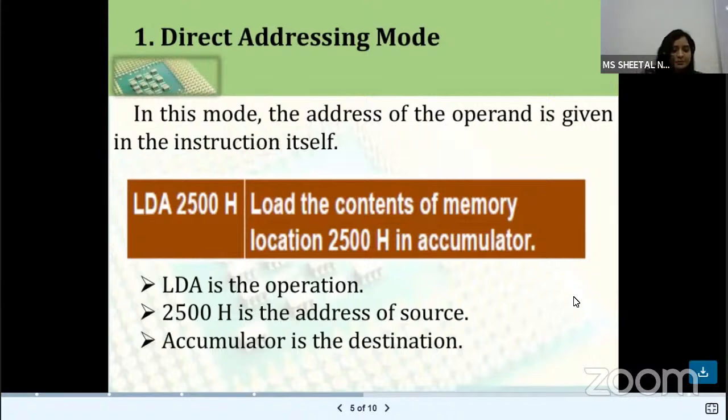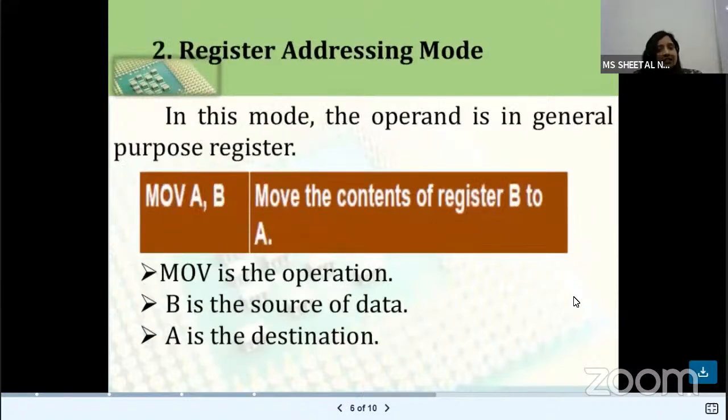Now next one is register addressing mode. In register addressing mode, the data to be operated is available inside the register operand. Therefore, the operation is performed within various registers of the microprocessor.